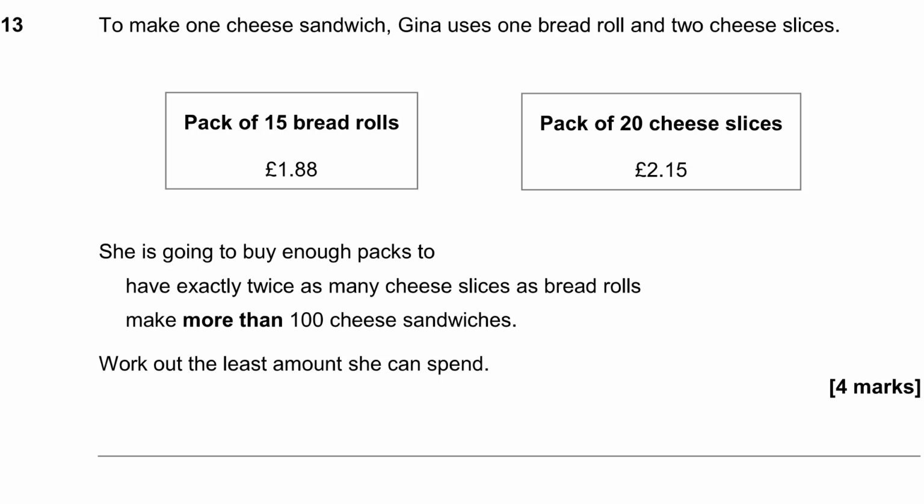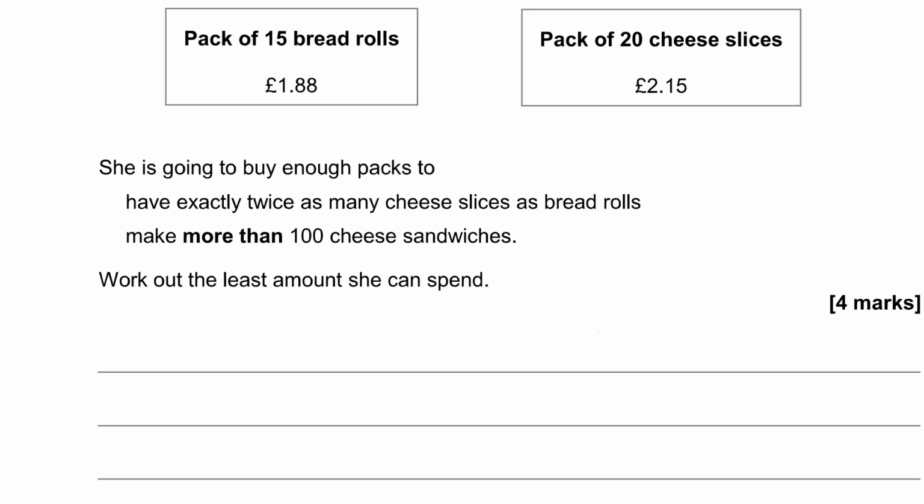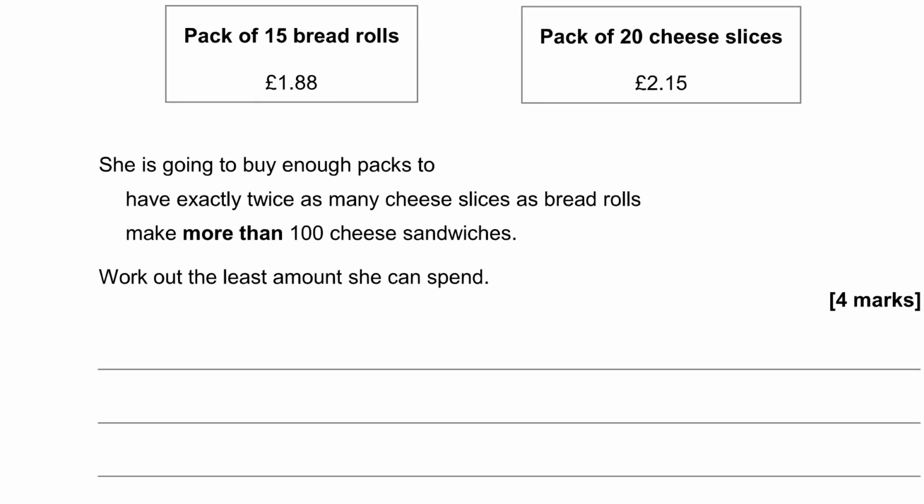So if she's going to make 100 cheese sandwiches, how many rolls and how many slices of cheese is she going to need? Well, she needs to have at least 100 rolls and 200 cheese slices, but that's not the thing here, is it? It's got to be exactly twice as many cheese slices as bread rolls, because she doesn't want to have cheese slices left over and she doesn't want to have bread rolls left over.